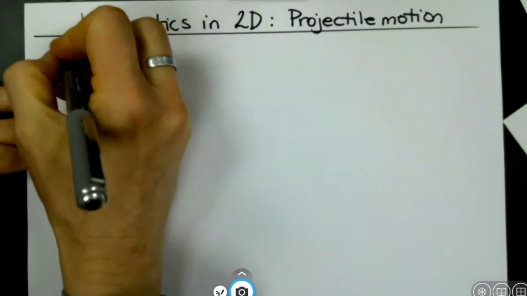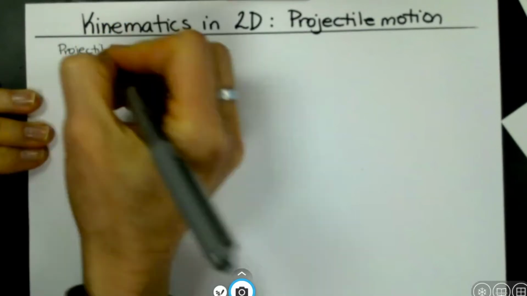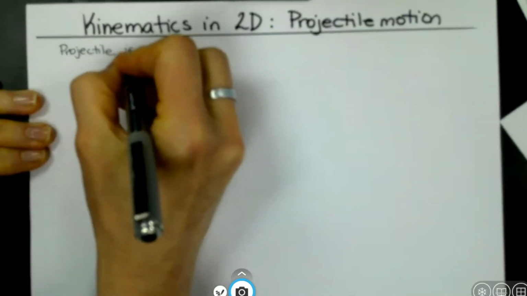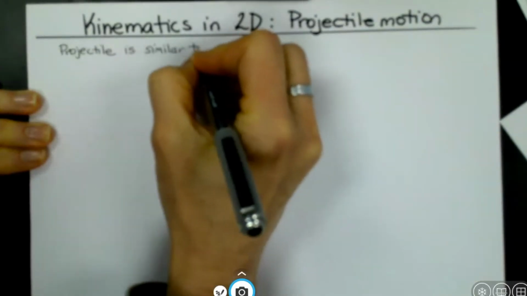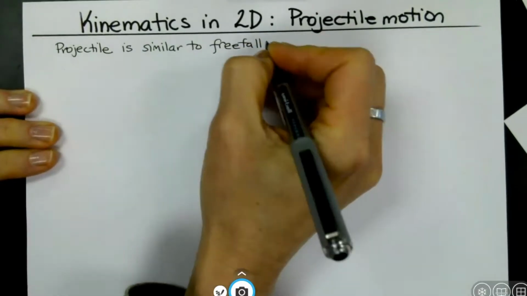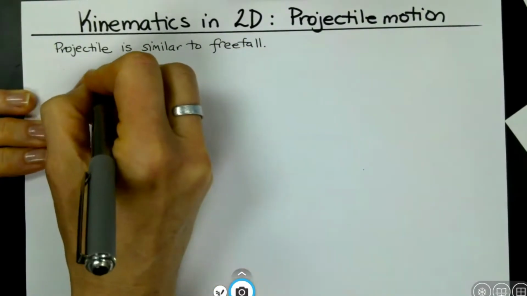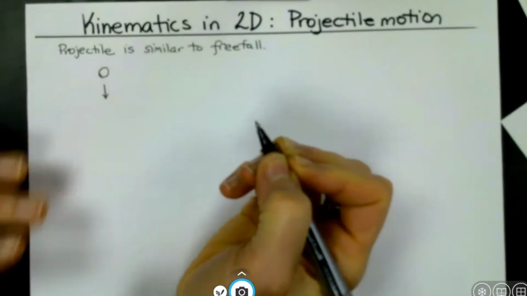So projectile is defined similar to how an object in free fall is defined. So let's talk about the similarities and differences. A freely falling object is an object that is dropped or thrown upwards or downwards.